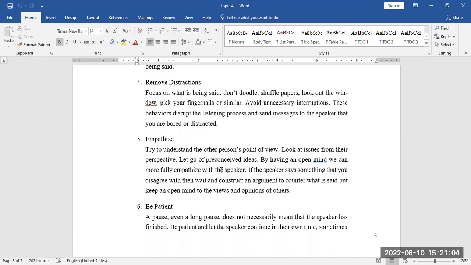Then number 5, you are told empathize, and here you're being told try to understand the other person's point of view. Look at an issue from their perspective. If you are a student and you're complaining, maybe, for example, you are not able to get the notes, or maybe you are not able to do something, I should try and understand you at your point of view.